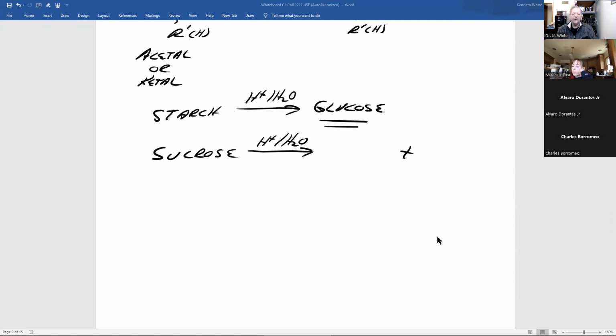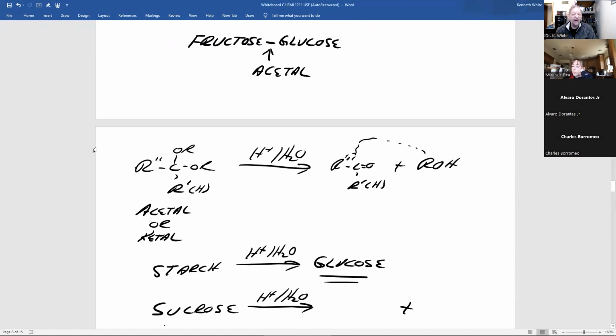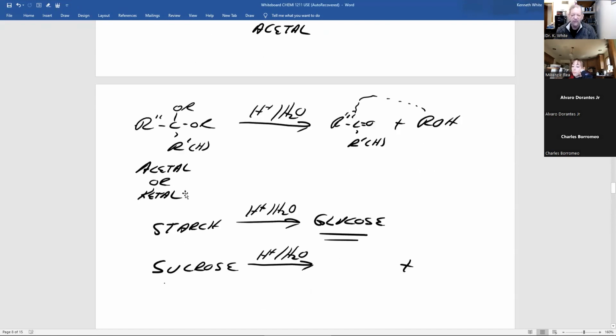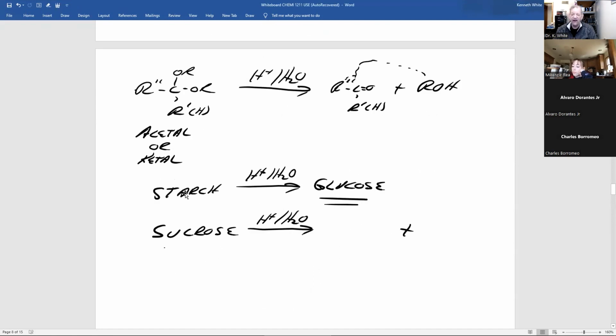All right. So what bond holds fructose and glucose together in sucrose? An acetal bond. And when you react it with acid and water, you get back the aldehyde and ketone you would have used to make that. Well, in this case, you get, doesn't matter which you put first, glucose and fructose.